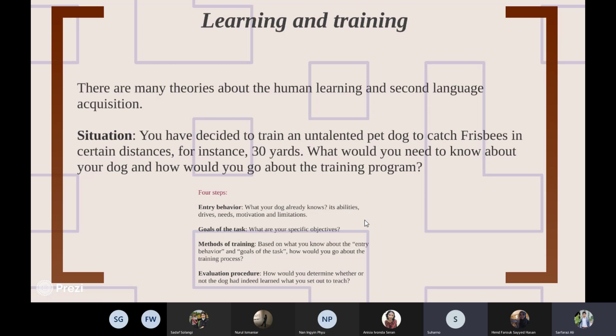What will you need to know about your dog, and how would you train that dog? For this, you will go through a process that involves 4 basic steps.